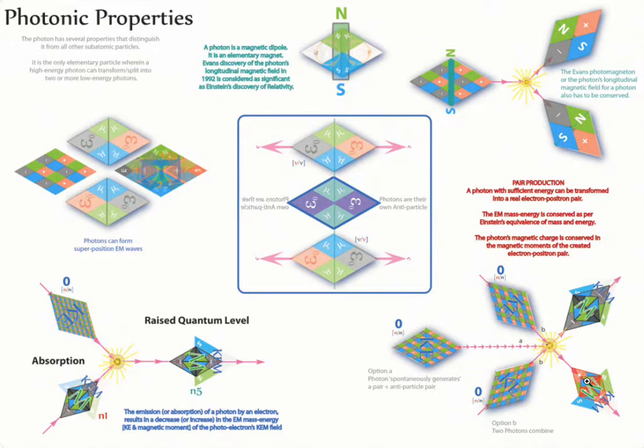Again, in both cases, the charge equation must balance. You have neutral charges interacting. They must form charged pairs or neutral particles at the end. The charge is always conserved, as is the mass energies of the particles.